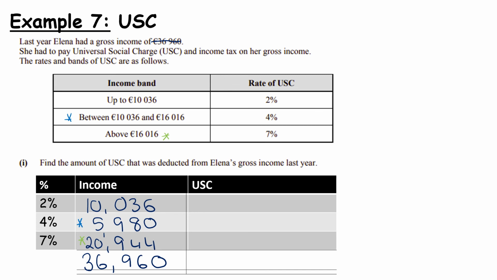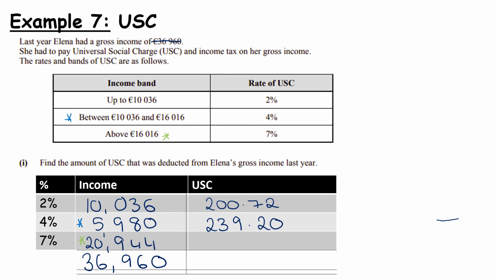Now to work out our USC, we're going to do 2% of 10,036. Remember, this is money, so 2 decimal places. This is €200 and 72 cents. Then we do 4% of 5,980. This works out as €239 and 20 cents. Then we have 20,944.